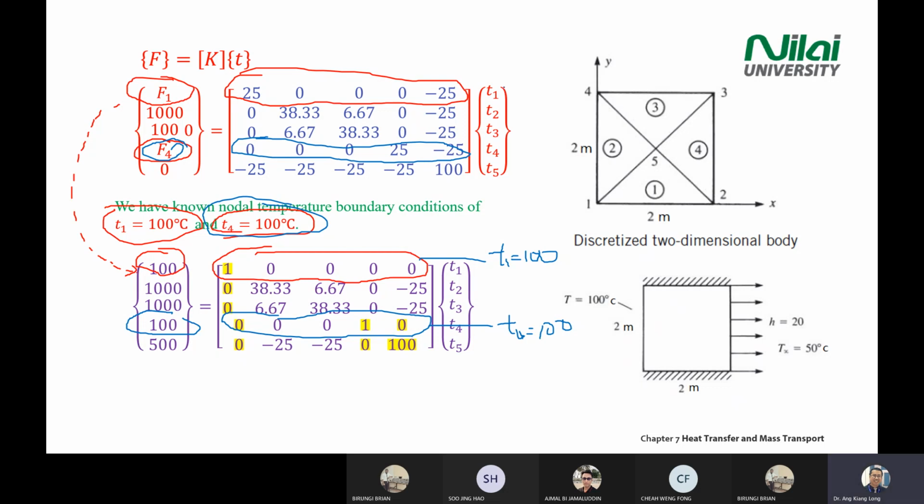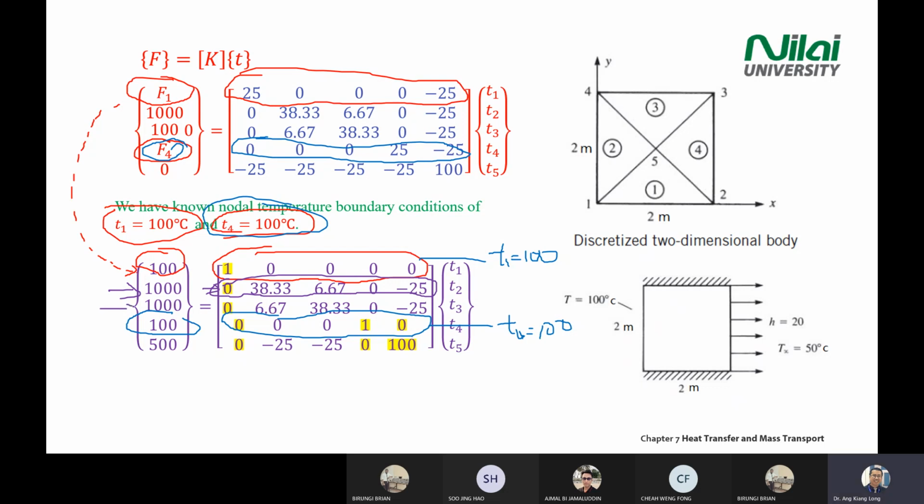Once you know the value of T1, you check the second row equation, whether it's correct or not based on the first one. After you substitute the value of T1, you'll get 0. The second row equation basically doesn't change, because your T1, the first one, is 0, so you don't touch the equation.